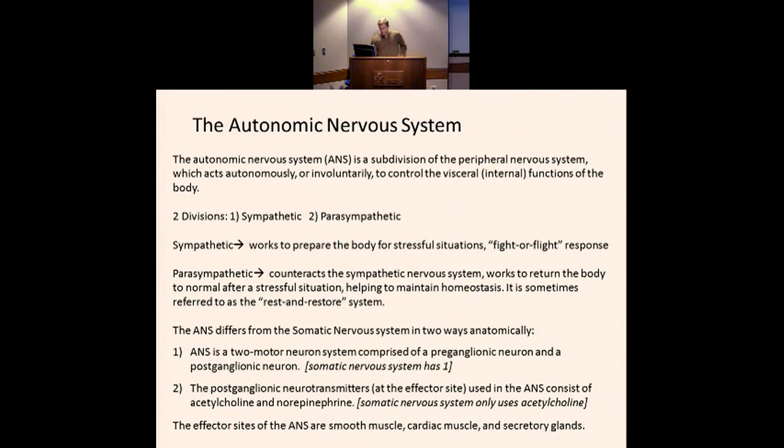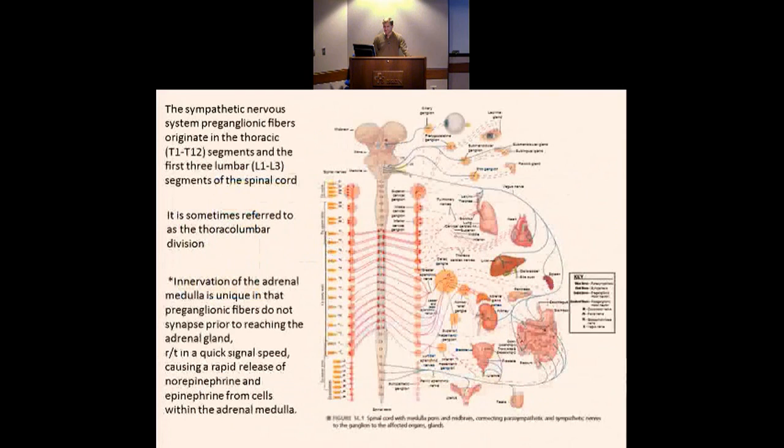Let's see, the autonomic nervous system differs from the somatic nervous system in 2 different ways. Anatomically, the autonomic nervous system is a 2-motor neuron system compared to somatic. I have a picture that shows this better. And then it has to do with the neurotransmitters that each system uses.